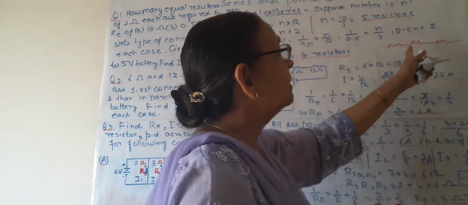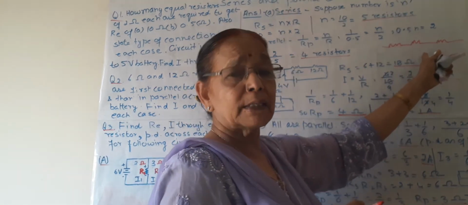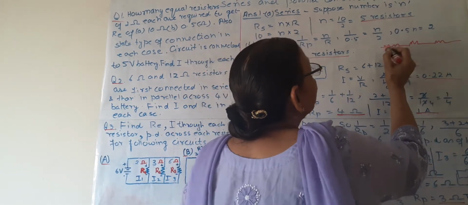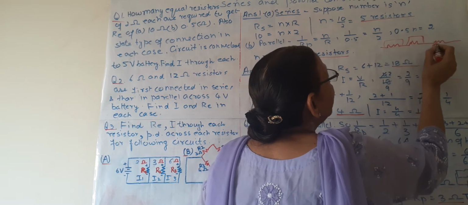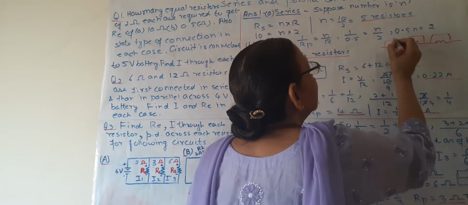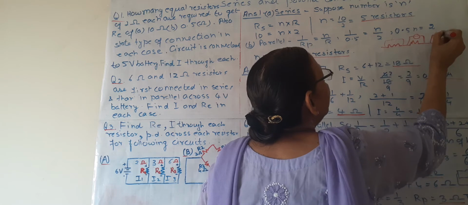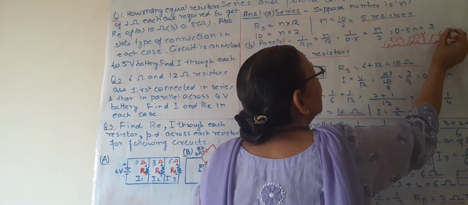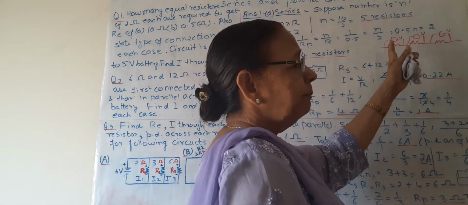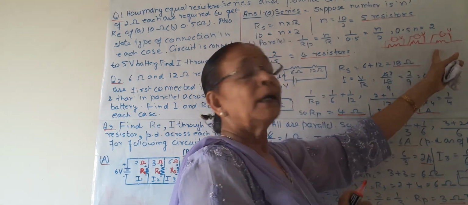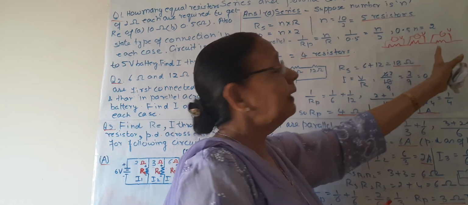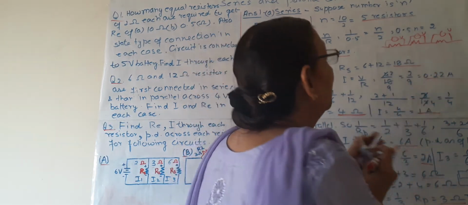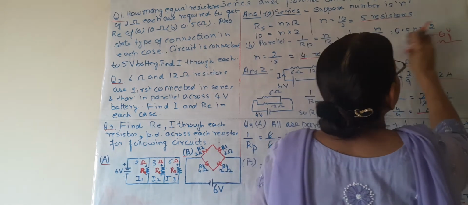And this current is the total current of the circuit. So current is same in series and PD is different in series. We can measure PD by putting separate voltmeters. So PD is different and current is common in series combination. You have to remember this.